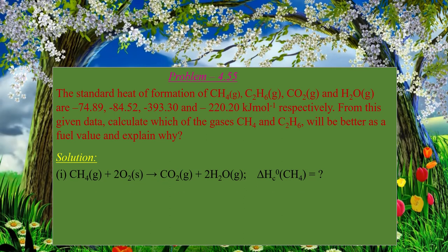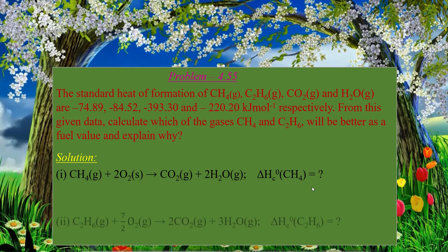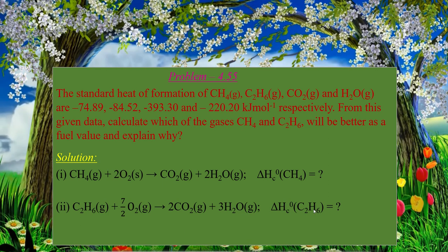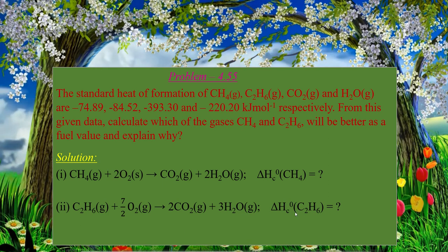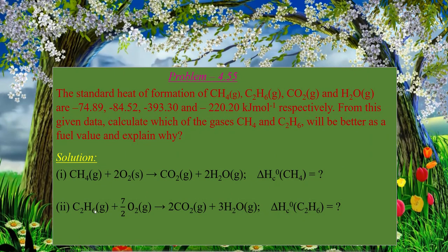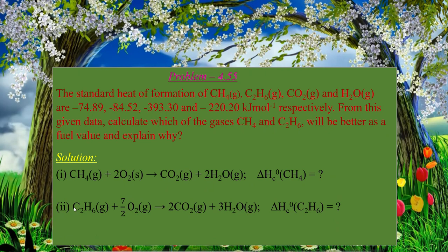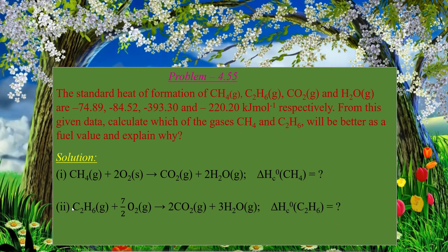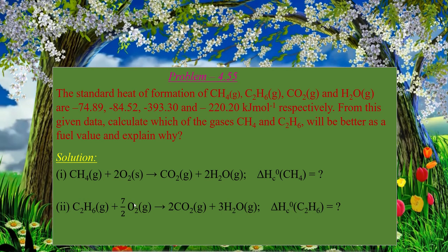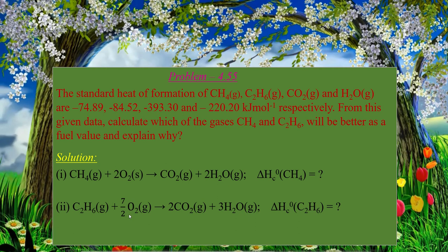Combustion reaction of methane, we have to calculate the heat of combustion of methane, and another one, combustion reaction of ethane, we have to calculate the heat of combustion of ethane also. Look here, when you balance the reaction, I told that you will keep the fuel or the compound as 1 mole. So here, to keep ethane 1 mole, oxygen will be 7/2 oxygen.